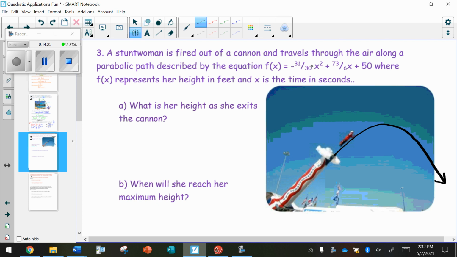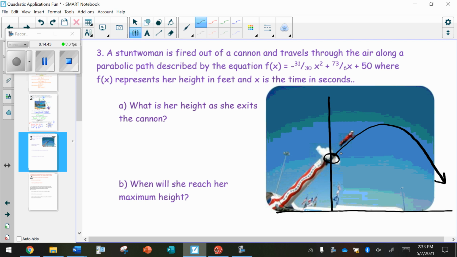All right, what is her height as she exits the cannon? So if we were to put an x and y axis here, what we're trying to find is the y-intercept. Now, let's think about this logically.